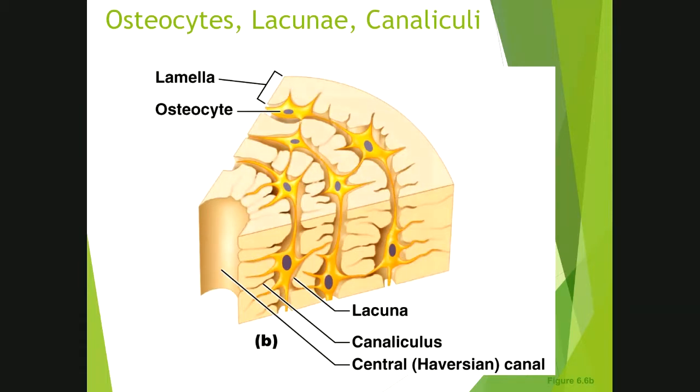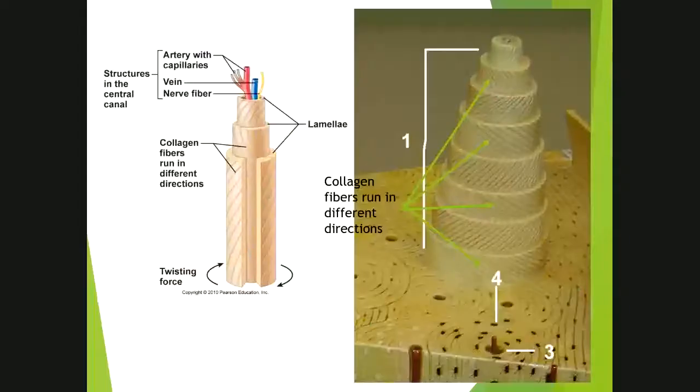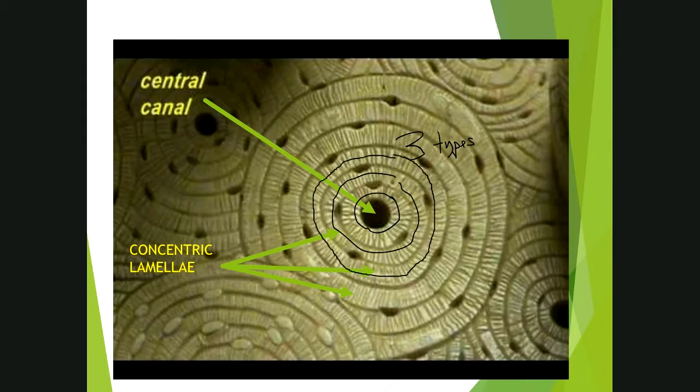Well, let's go back. So look, we have these lamellae. Well, there's actually 3 types of lamellae. There are the ones that go in a circle within a circle within a circle. So a circle inside a circle inside a circle. And when you have circles inside circles, the math term for that is concentric.